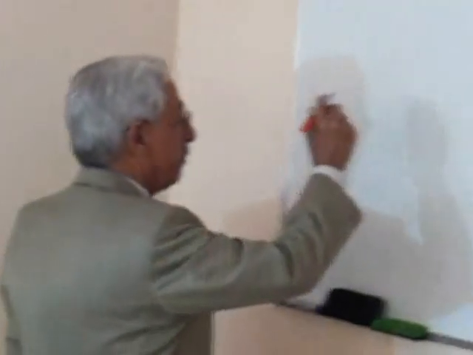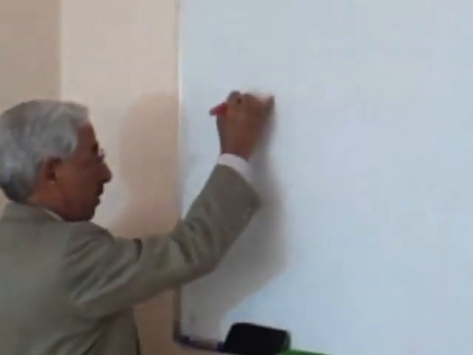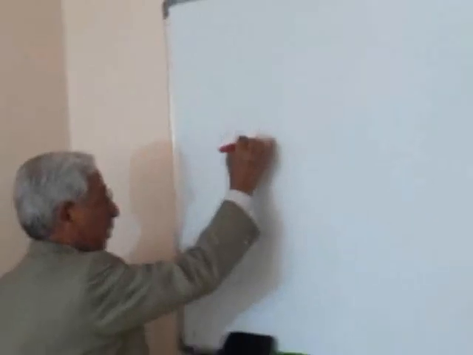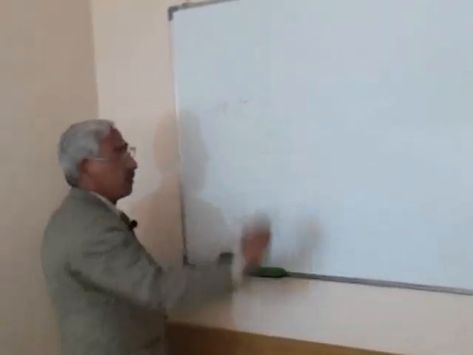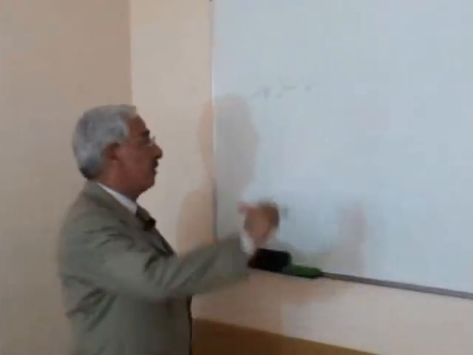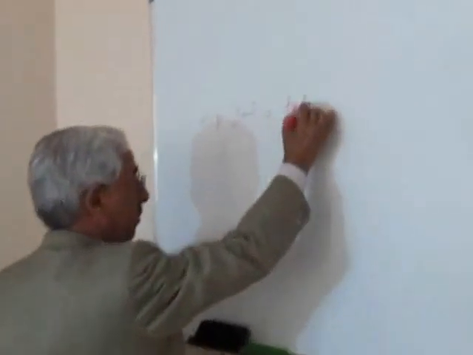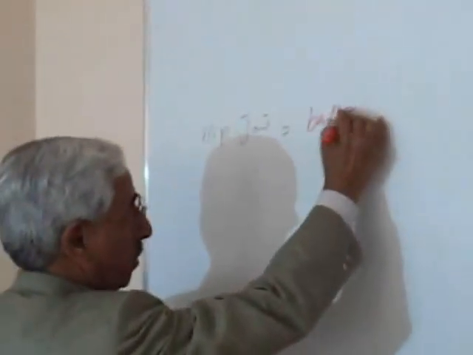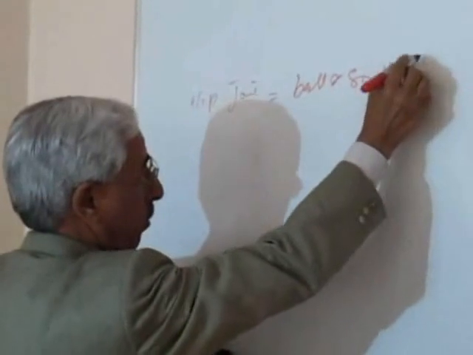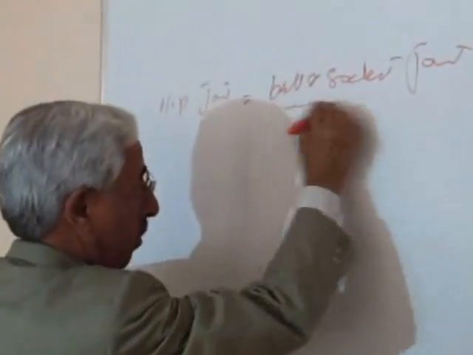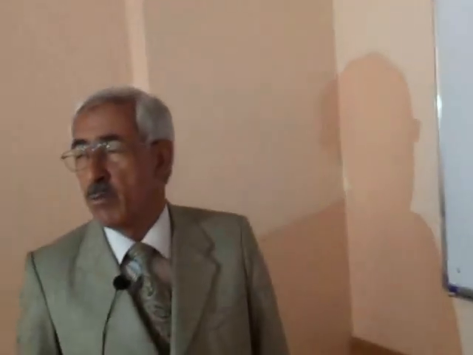of the lower limb. As you know, the main joint is the hip joint, which is a ball and socket joint, and this joint moves in all directions.